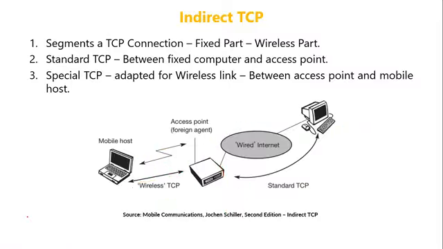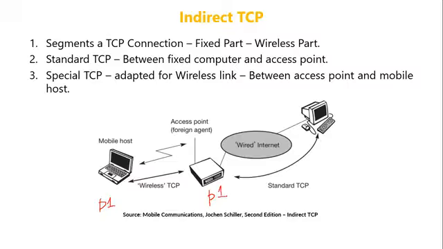If there is any packet loss, assume that there is a packet P1. The packet P1 is sent from the mobile host, and it has reached the access point, and the access point has sent an acknowledgement for that.